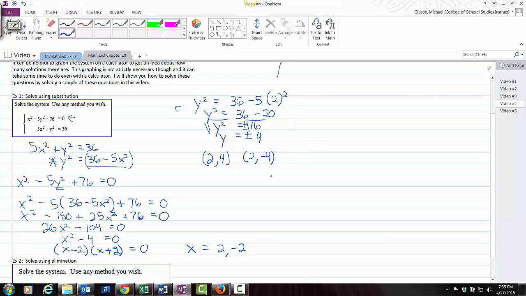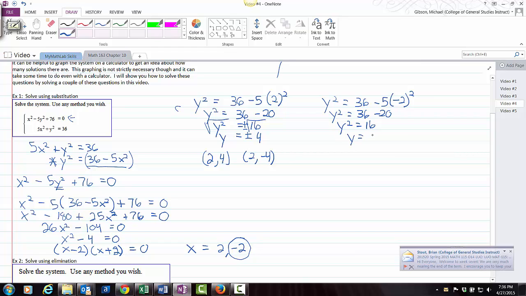Okay. Now then we stick in the minus 2 for x as well. All right. Y squared equals 36 minus 5 times minus 2 squared. Now this turns out to be the same. 36 minus 20. So y squared equals 16.